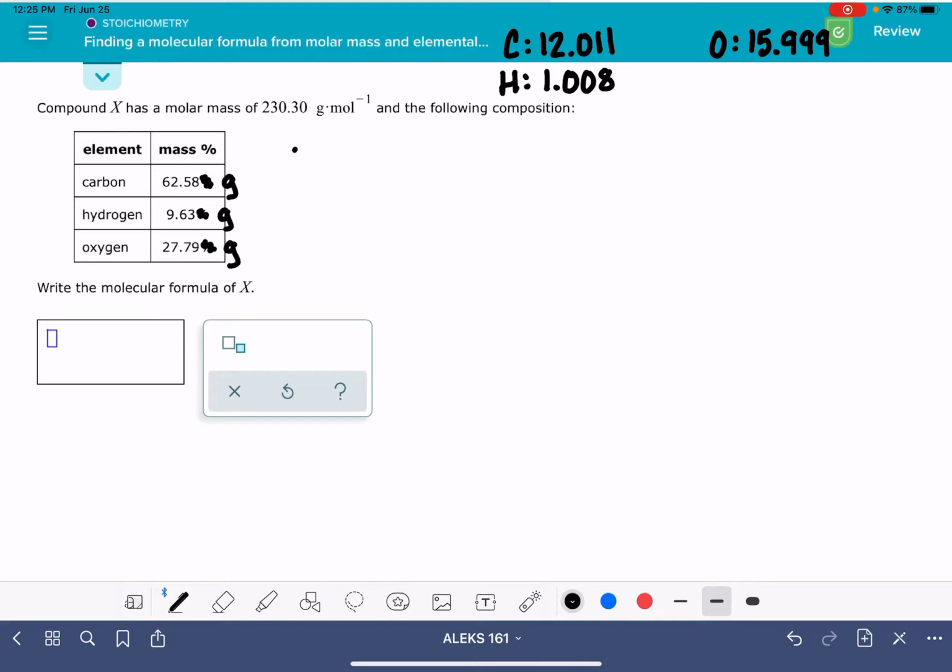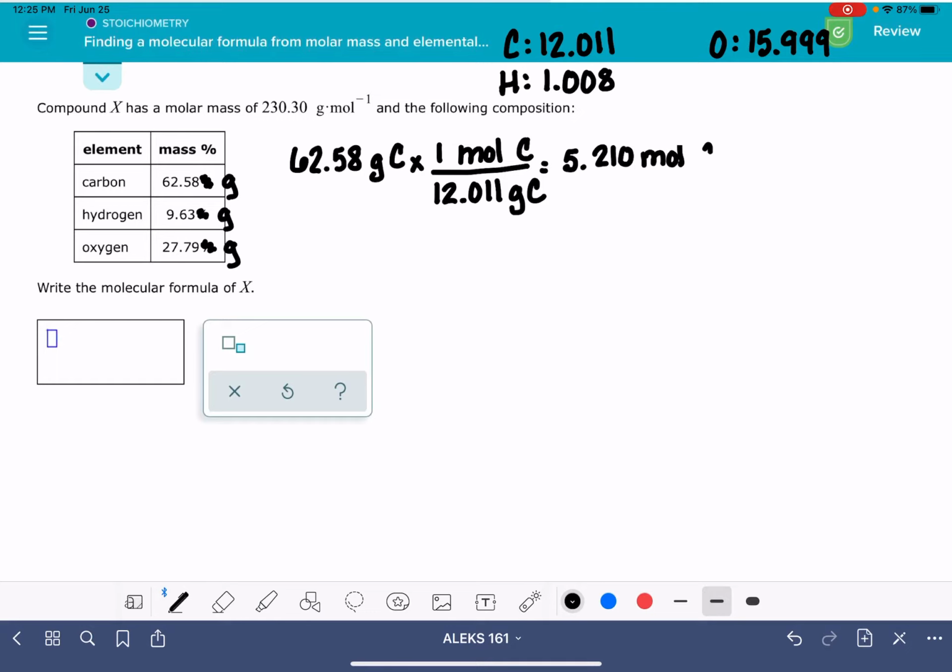And we're going to convert each one of these masses, so the 62.58 grams of carbon, into moles of carbon using the atomic mass of carbon from the periodic table, 12.011 grams of carbon per mole. And that is going to be 62.58 divided by 12.011. That is going to be 5.210 moles of carbon.